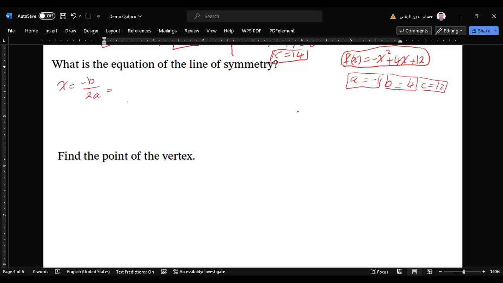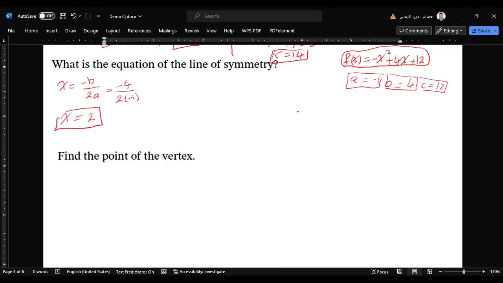Negative b is negative 4 over 2 times negative 1. We finish it: x equals 2. That's the equation of the axis of symmetry.